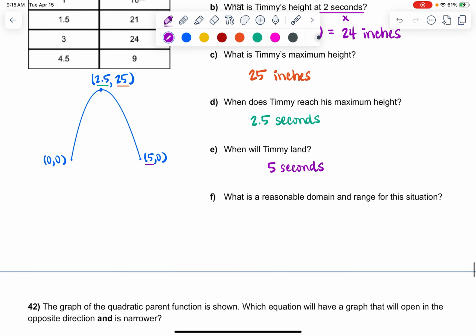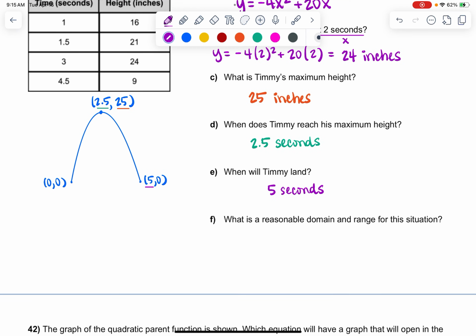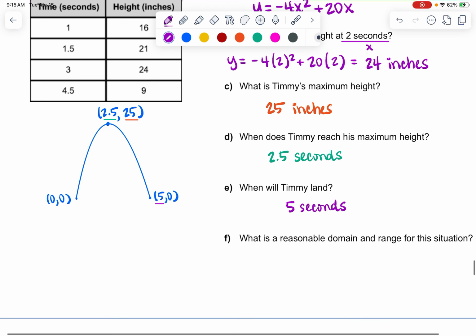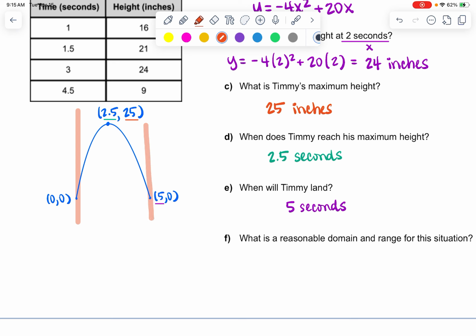And then it wants the domain and range of just his trip up and then down. So we talked about this in class. We've got to talk about the reasonable range or domain. Let's do domain first. So domain is this graph cannot go forever left or right. This parabola is trapped between these two walls. And these two walls start at 0 and end at 5.